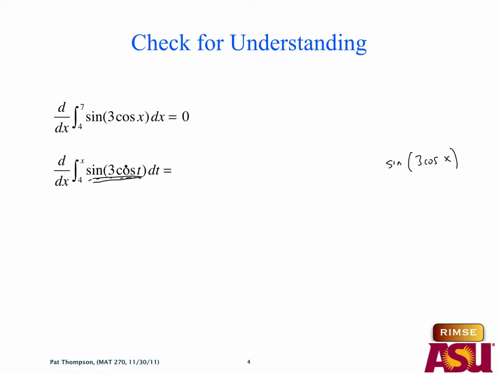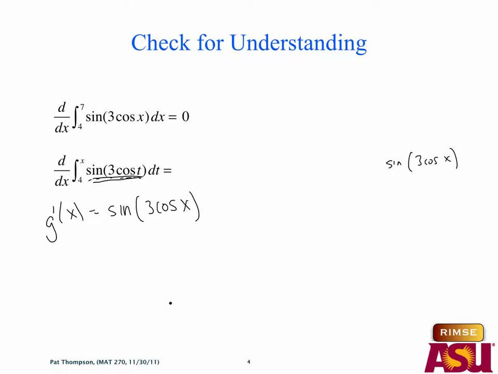What do you want to call it? G of x? I like it, g of x. Okay, so we're going to call an antiderivative of this thing g of x. So g prime of x is sine of 3 cosine x.